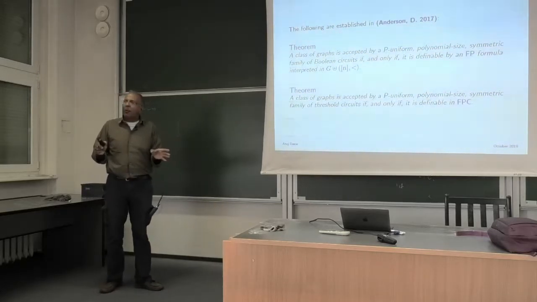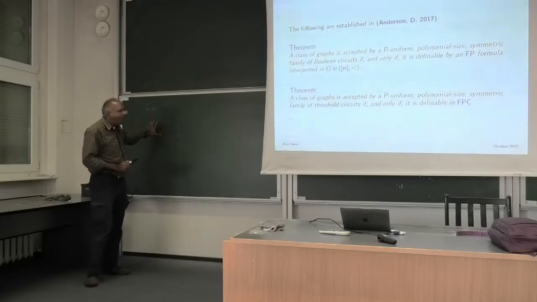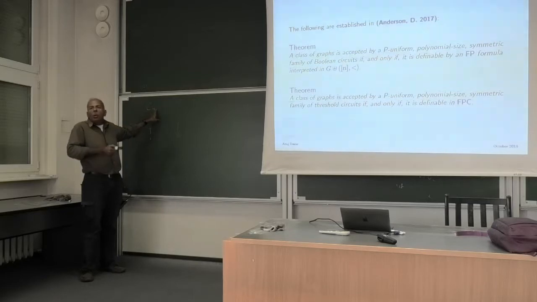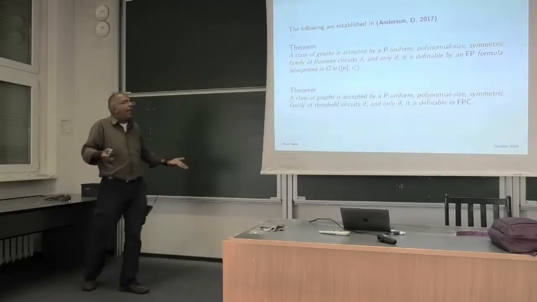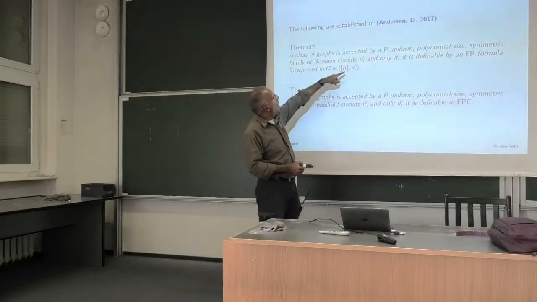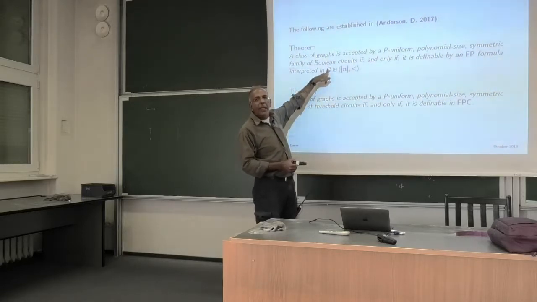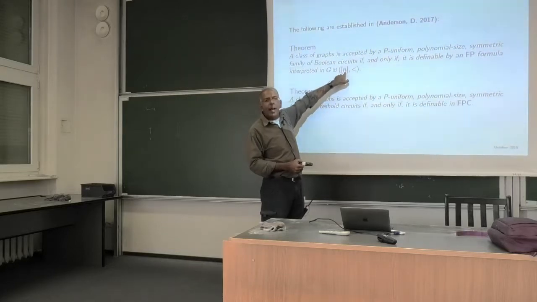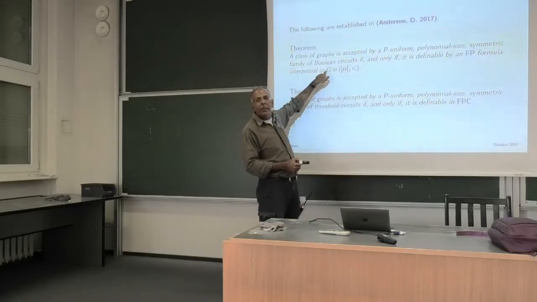You have to enhance the power of fixed point logic, because the circuits are uniform, which means any computation which depends purely on the size of the circuit and can be done in polynomial time should be doable. So what we do is we consider inputs. We interpret fixed point logic not just on a graph G, but on the disjoint union of a graph with a linear order whose size is exactly the size of the graph.